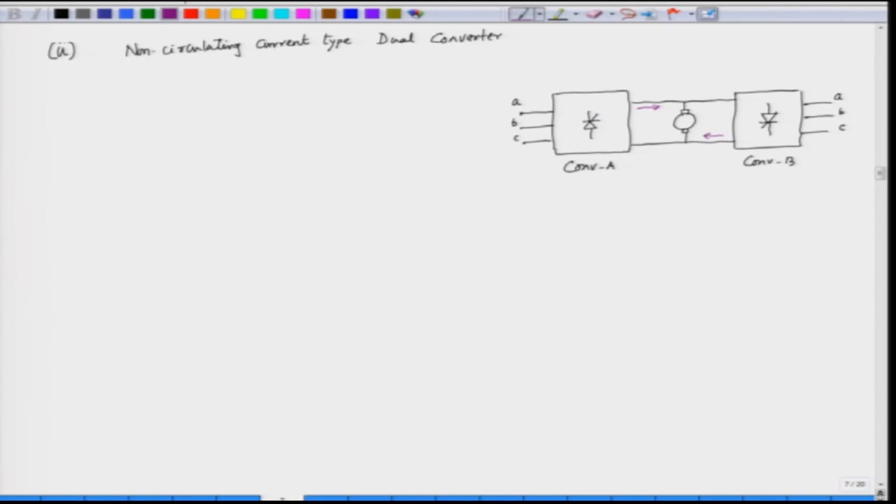So, only one converter is operated at a time. There is no circulating current.